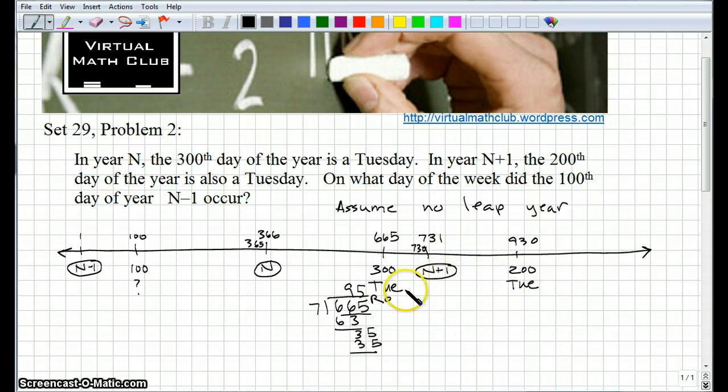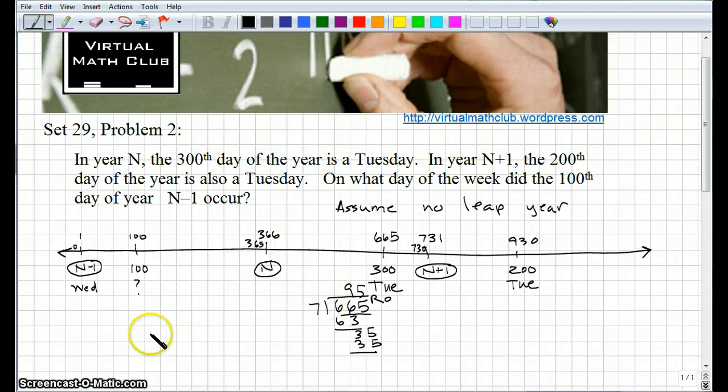So it would seem like if this is a Tuesday, and let's say that these aren't leap years, then day 1 of the year n minus 1 would be a Wednesday. And I say that because day 0 here would be the last day of year n minus 2, right? So day 1, if we divide 1 by 7, we get a remainder of 1, right?